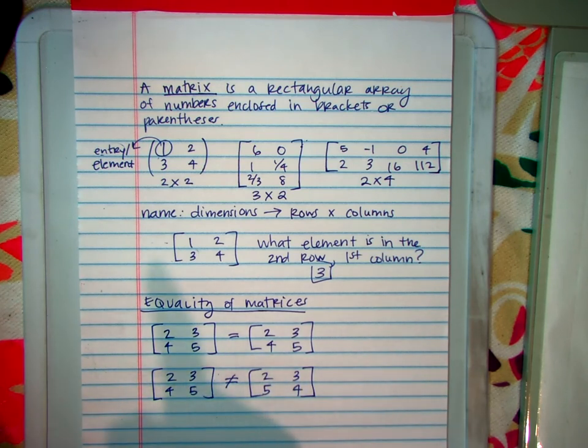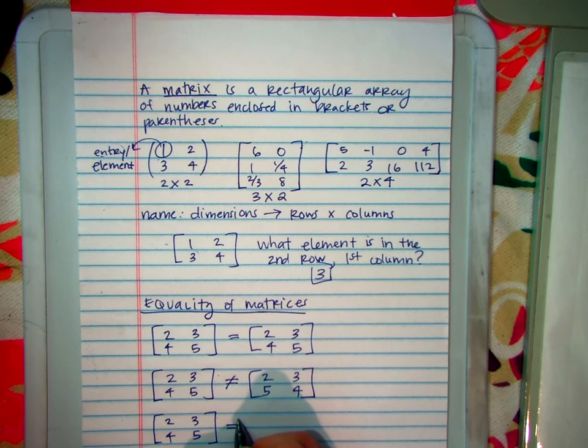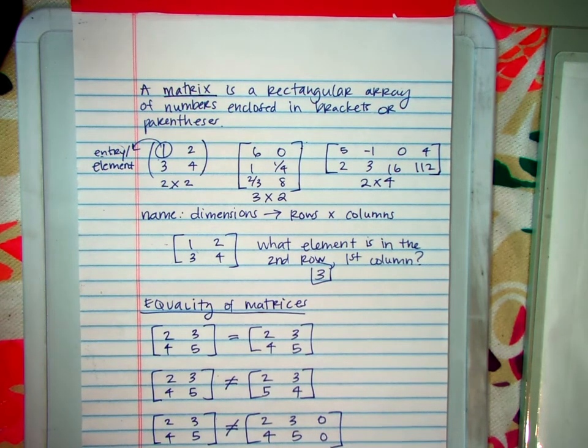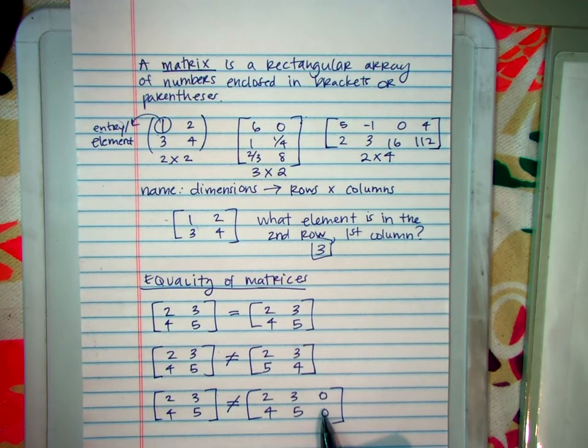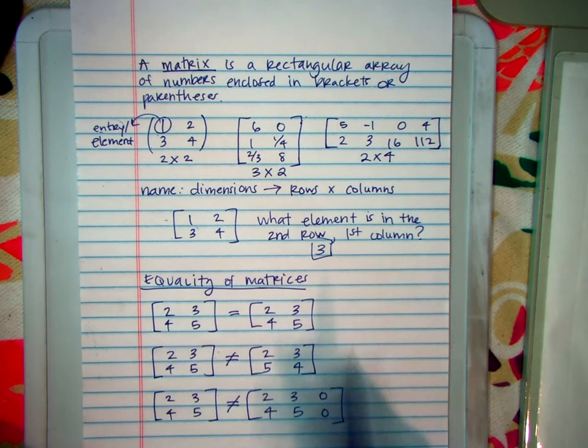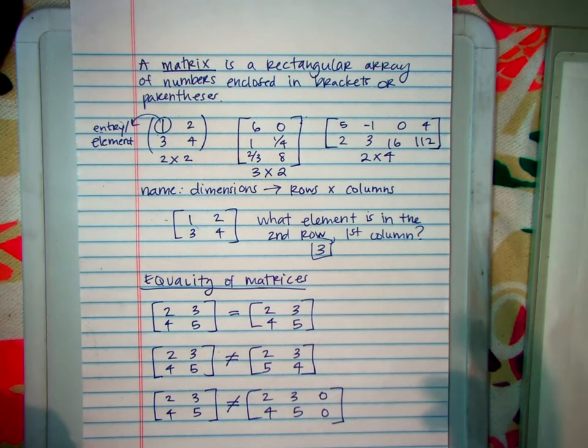Now here's a different type of problem, which sometimes children find confusing. Okay, this is not going to be equal. Here's another non-example. Even though there are zeros here in this third column, these two matrices are not equal because in order for two matrices to be equal, they have to have the exact same dimensions and their corresponding entries must be exactly the same.